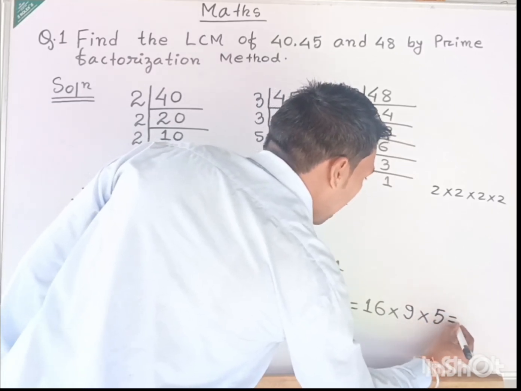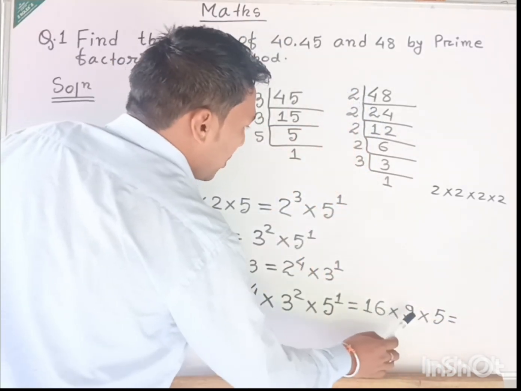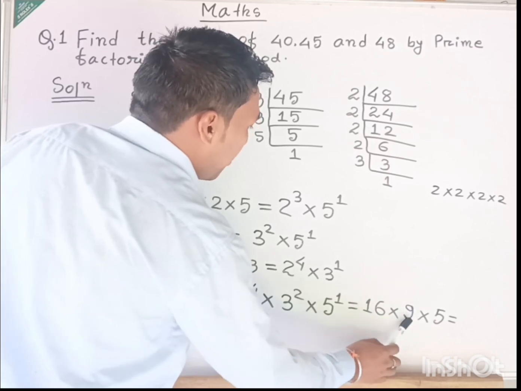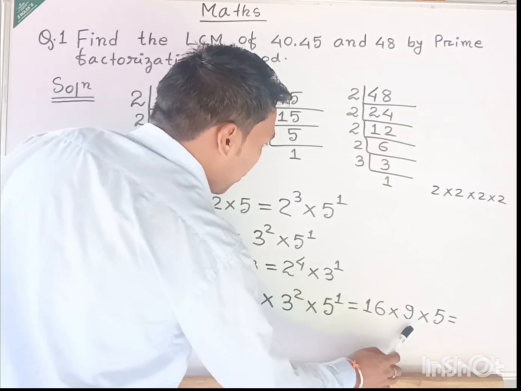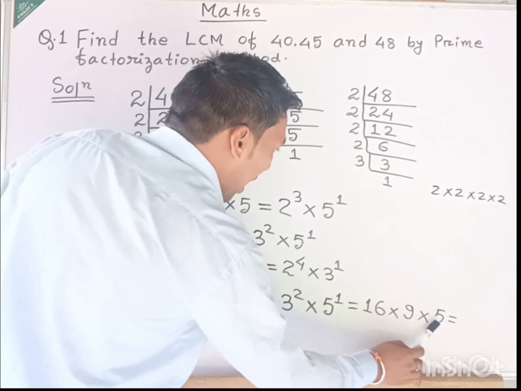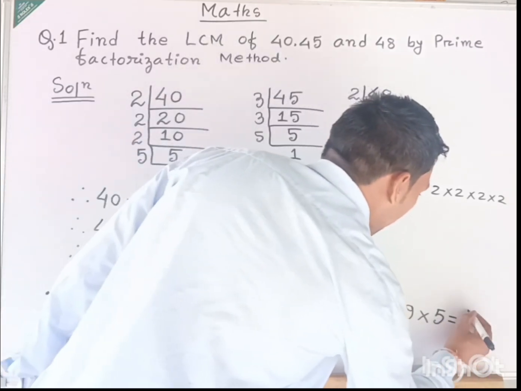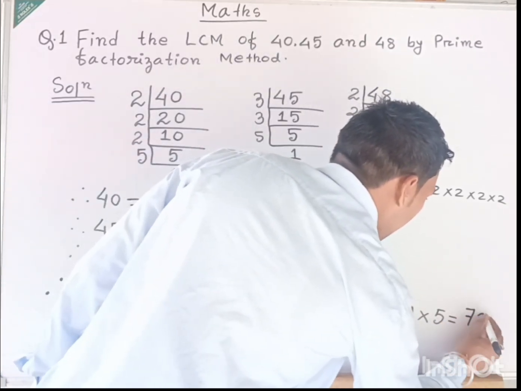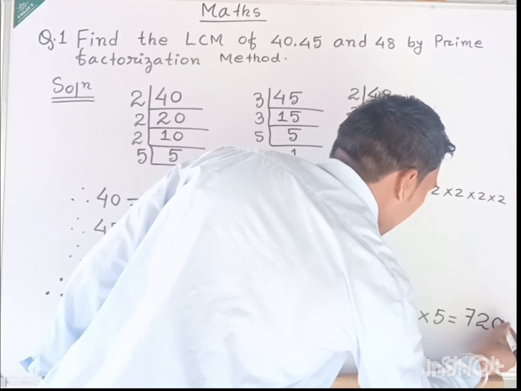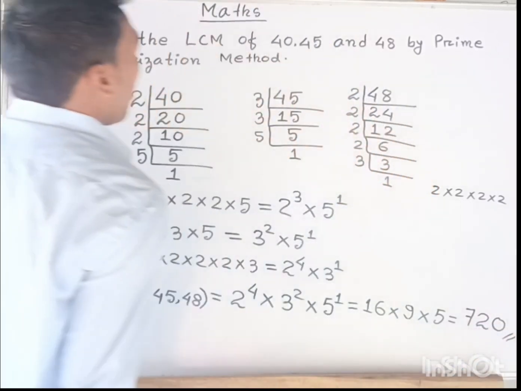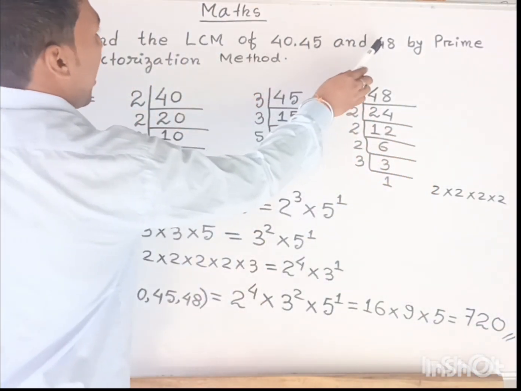If you multiply 16 into 9, you get 144, and 144 into 5 gives 720. So the answer for this question is 720. This is the LCM of 40, 45 and 48.